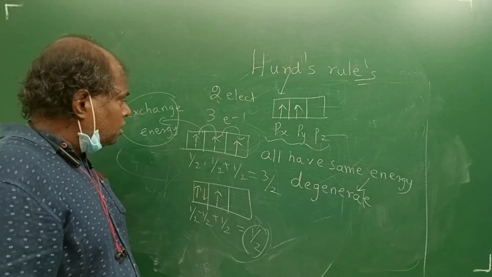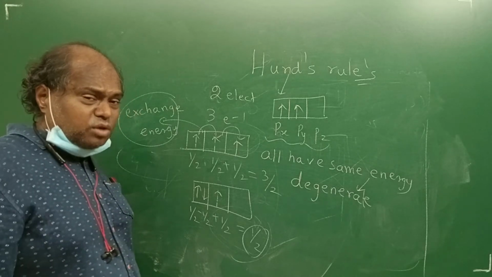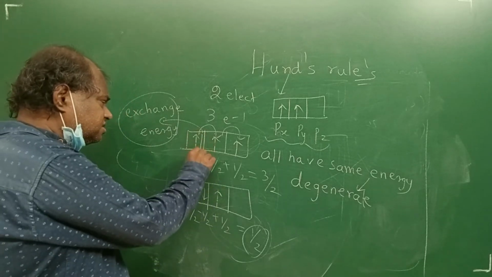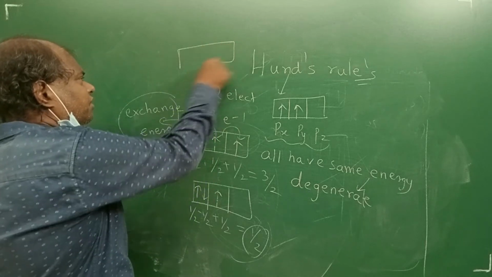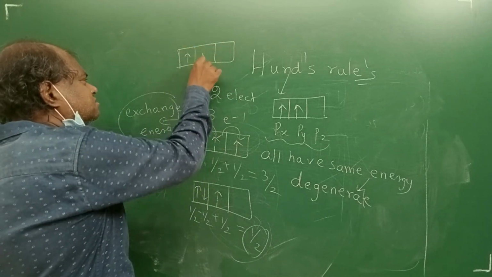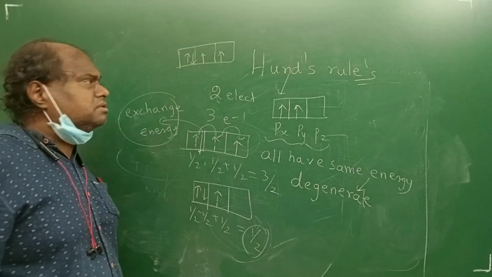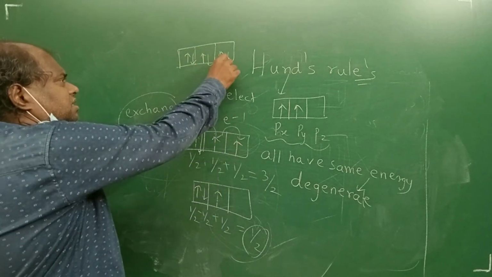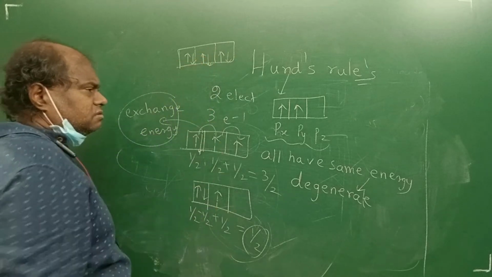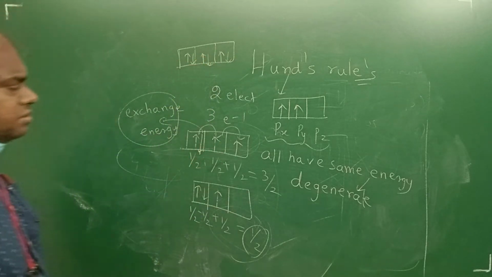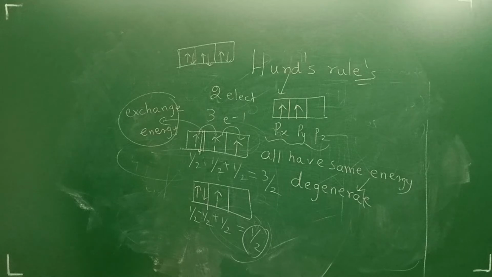Now, of course, if you want to fill the fourth electron, obviously you have to fill like this. Suppose I want to fill the fourth electron, then what will I do? Obviously, I have to go like this only. There's no other option. And the fifth electron like this, then the sixth electron. Then obviously you have to get paired up. So this is what is called Hund's rule.